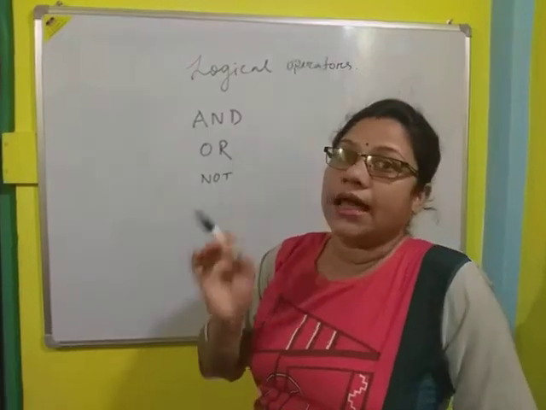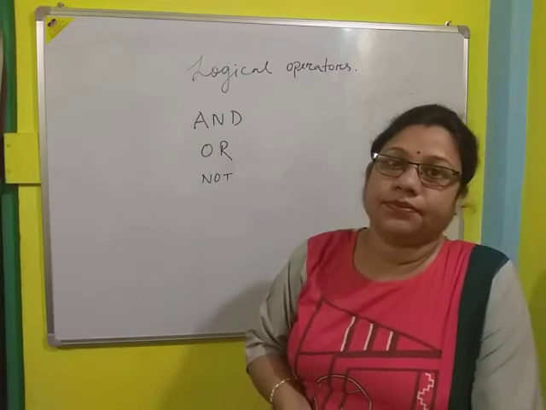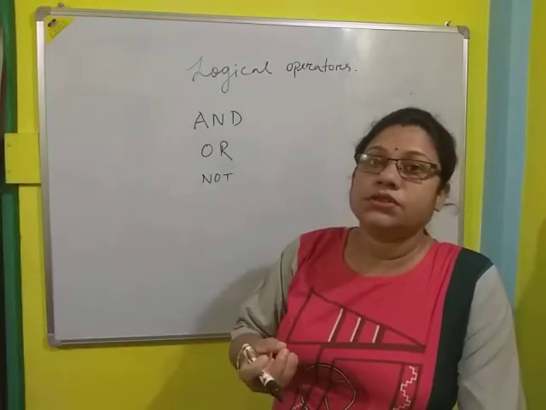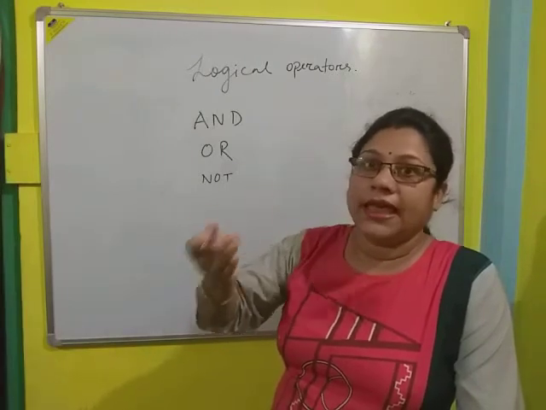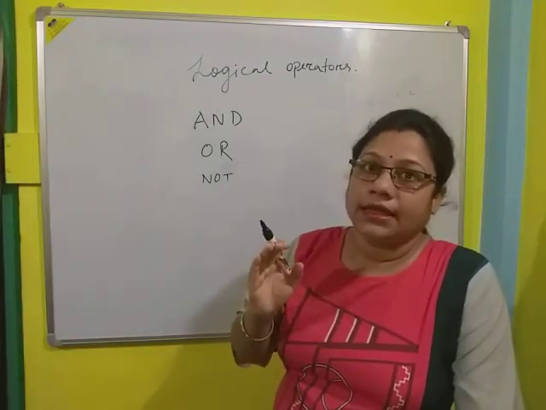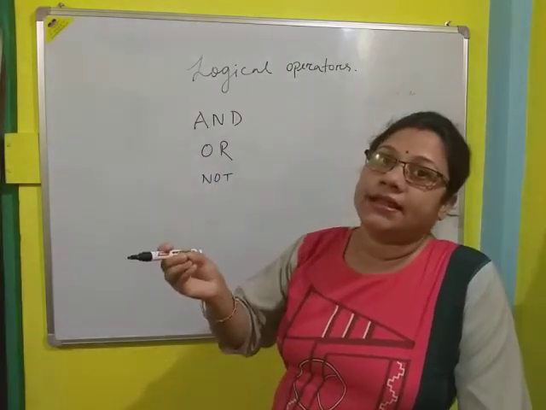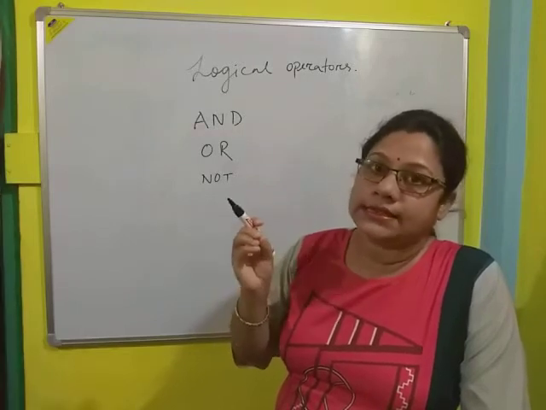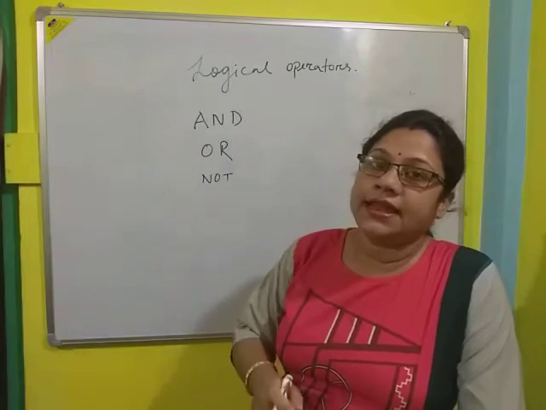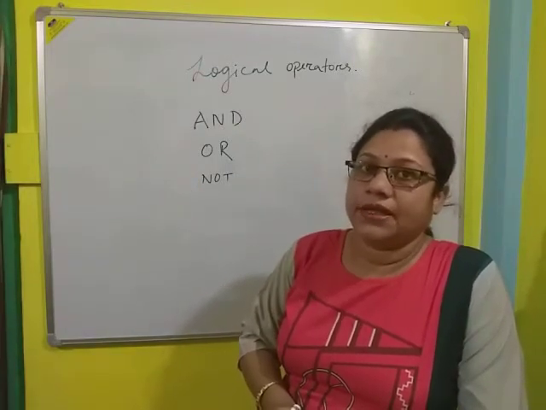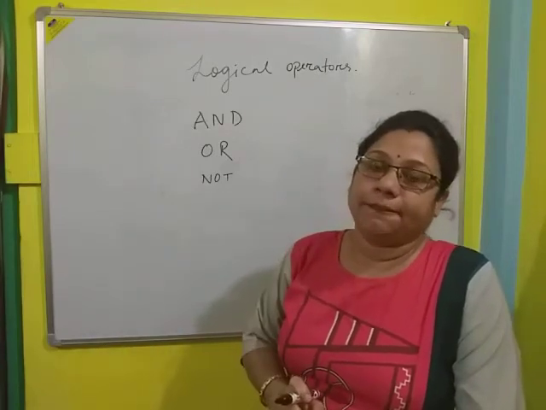Suppose I want to display the names of the students whose age is greater than equal to 16 and less than equal to 20. That means my range is from 16 to 20.